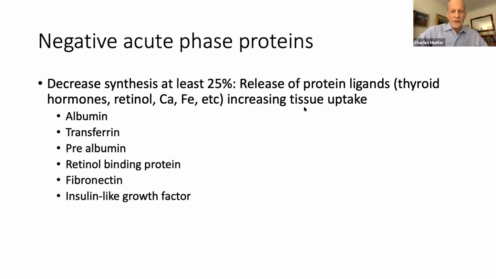The negative, and these are the transport proteins, their synthesis decreases at least 25%. These proteins release their ligands, hormones, calcium, iron, et cetera, and you have increased tissue uptake, presumably for the inflammatory response. But these are a list of those proteins.